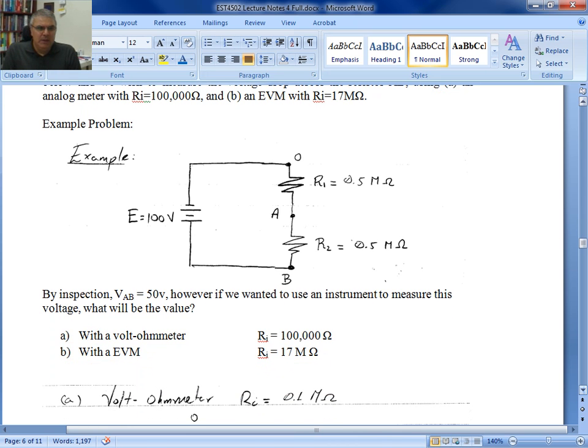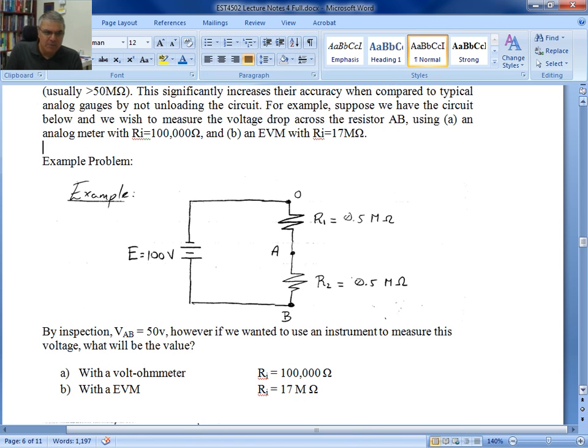In this example, a circuit as such is given, and we would like to use a voltmeter and an EVM to measure the V sub AB across this circuit between two points A and B. By inspection, we should be able to come up with that.